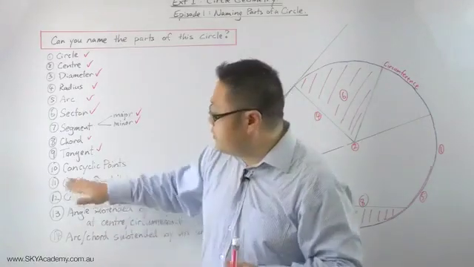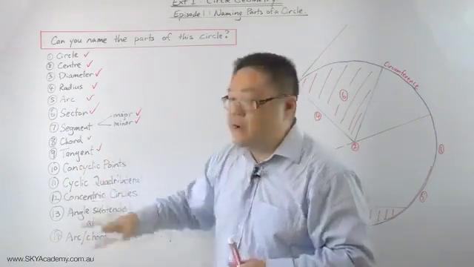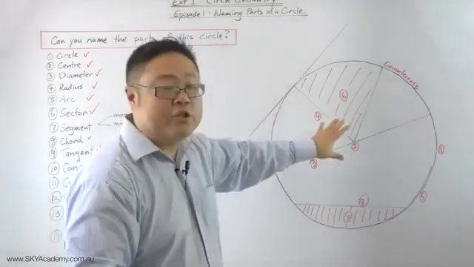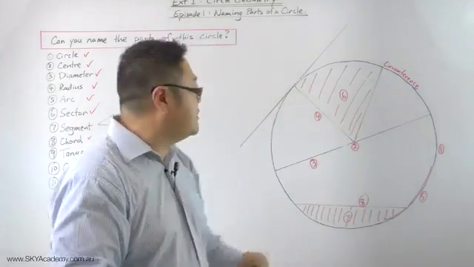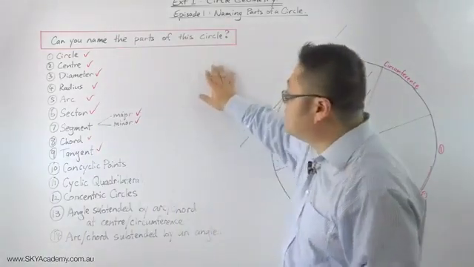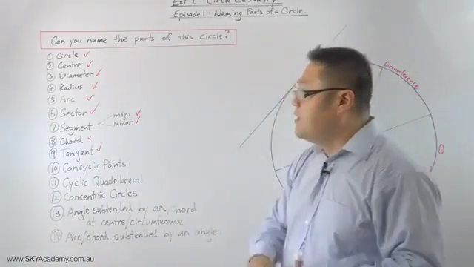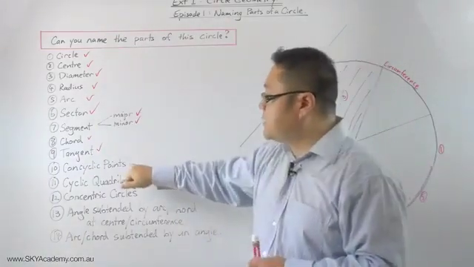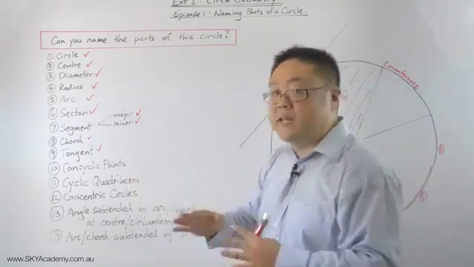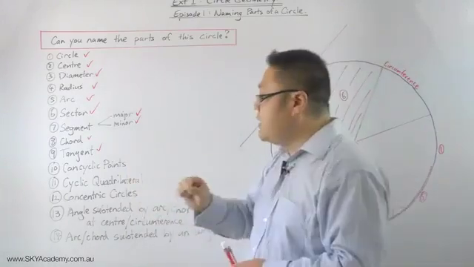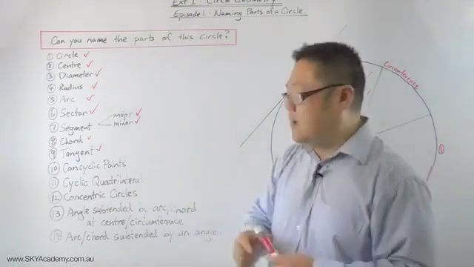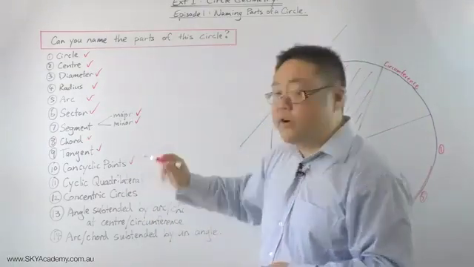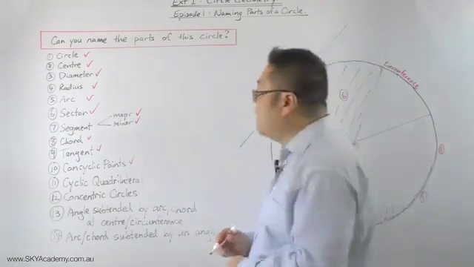Now, I want to go through some of this stuff, all right? I'm not going to refer so much to the traditional circle that I've got here. I'm going to basically just use this space here, all right? So the first thing that I want to go through is concyclic points, all right? What are concyclic points? That's a very good question, and I'm glad you asked.